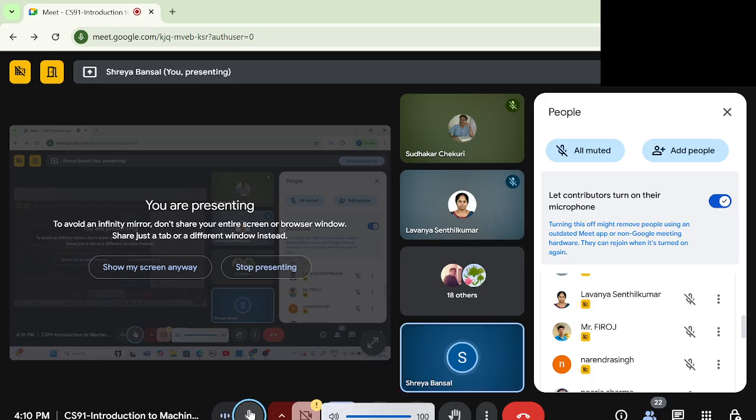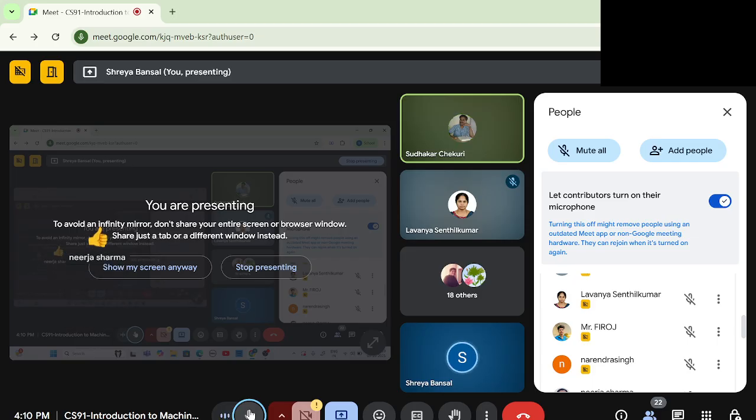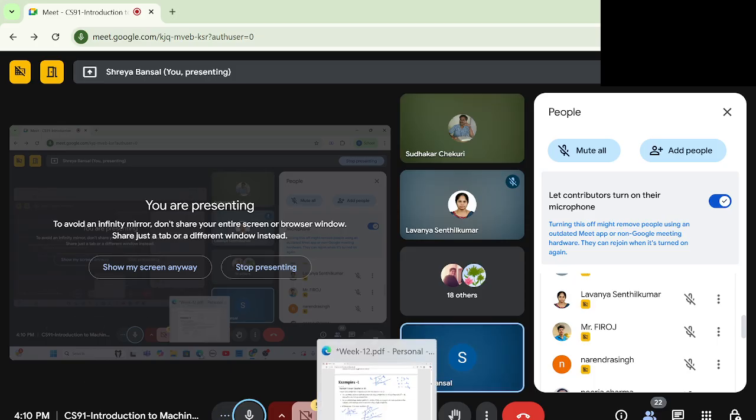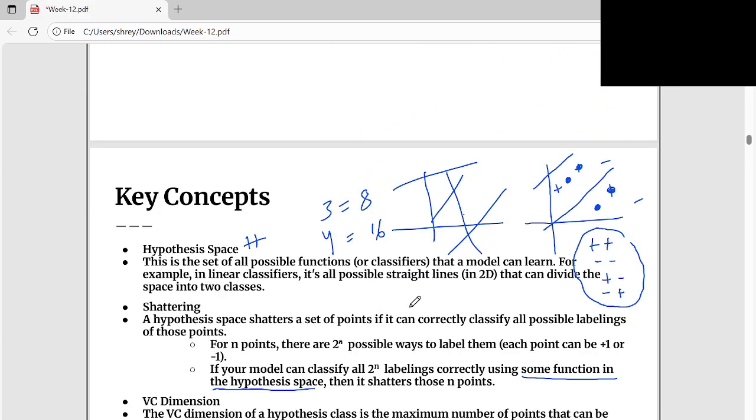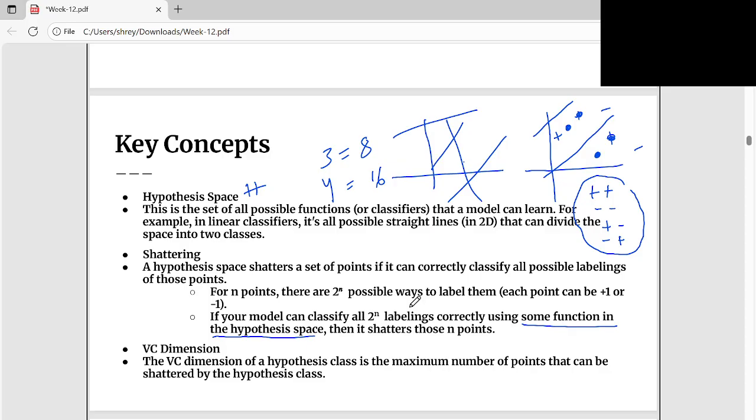Now check, is it audible now? Yes, you are audible, ma'am. Okay, I have removed all my stylus and all. So let me again connect it. Okay. Actually, speed is more like if the voice is breaking, it recovers with the help of speed. So all the words that I have spoken, it's more like it will be repeated but in the fast speed. Maybe it's happening like that. So let's reconnect. So till here, is it clear that this hypothesis space and shattering?